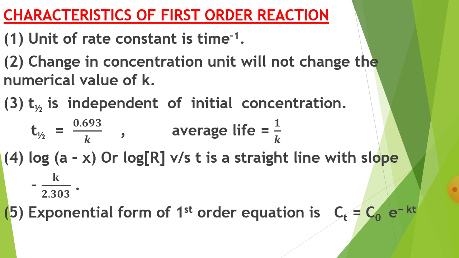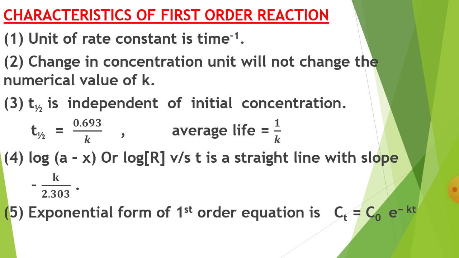Now characteristics of first order reaction. First, the unit of rate constant is time inverse. I also told you in lecture 2nd how to find the unit of rate constant by a general formula, concentration to the power 1 minus n, time inverse, where n equals the order of reaction.